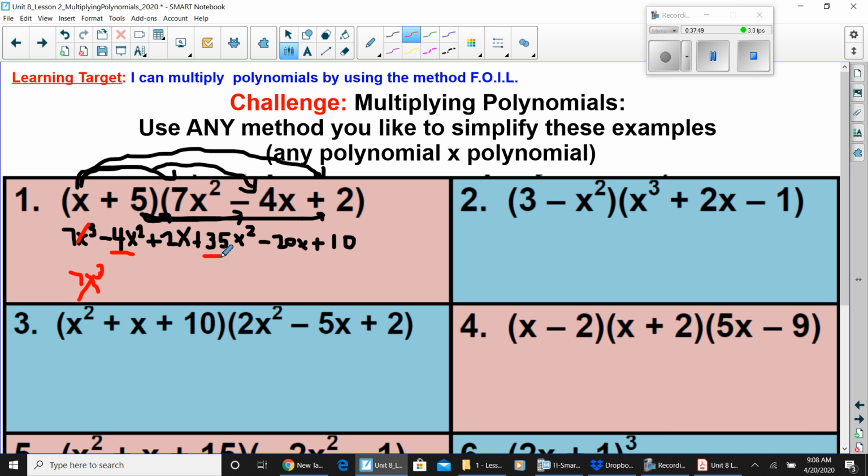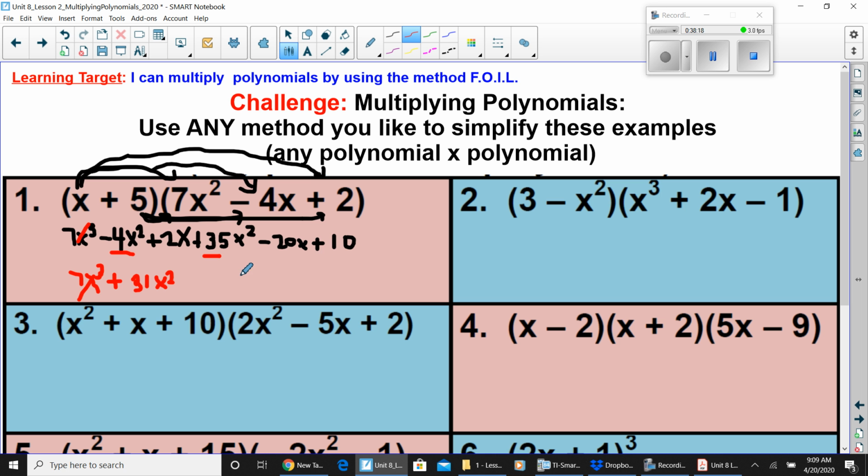So I have negative 4x. I'm sorry, yeah, negative 4x and then a 35x, which is positive 31x squared. Right?